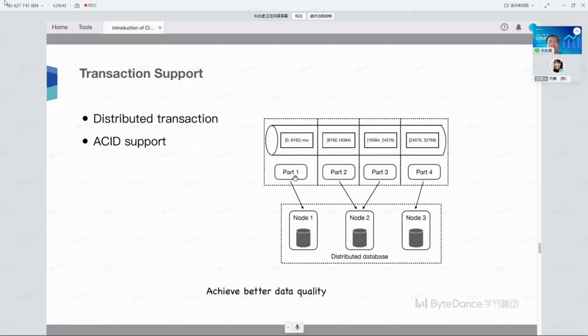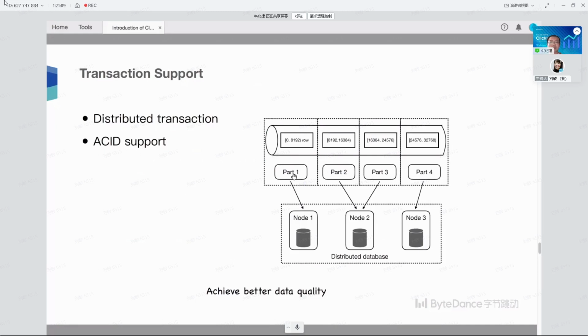It's challenging. If we don't have the ACID guarantee, for example, if some parts are written into our system successfully, then they will become visible. So other users may see some partial data, which is not good. After we have ACID support, we can guarantee all of the data can be seen at the same time. Otherwise, nothing can be seen.